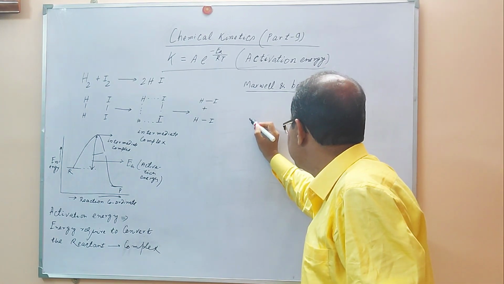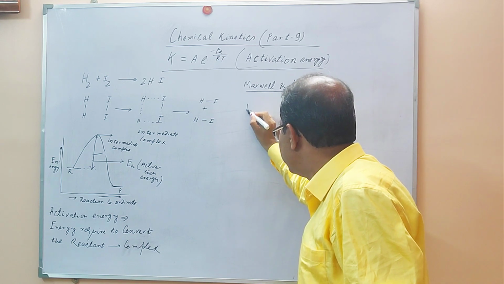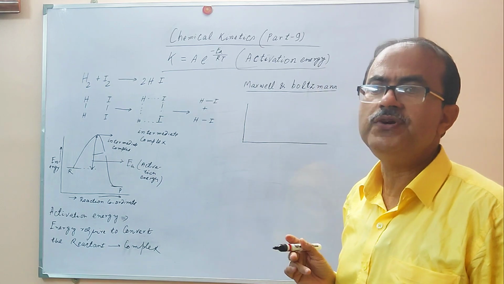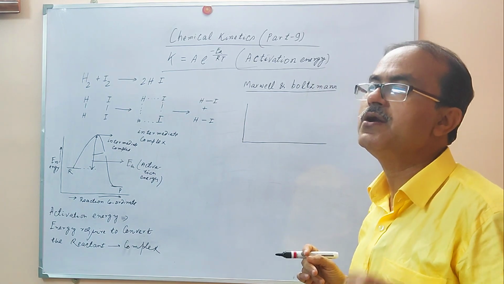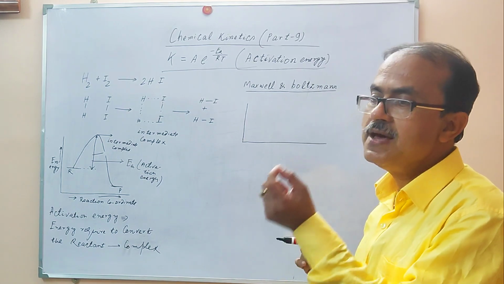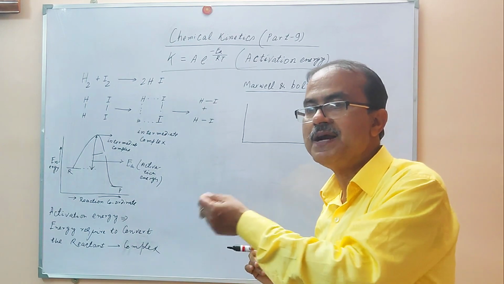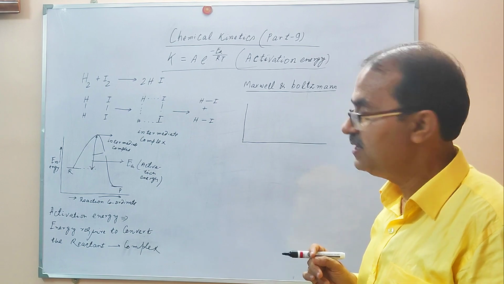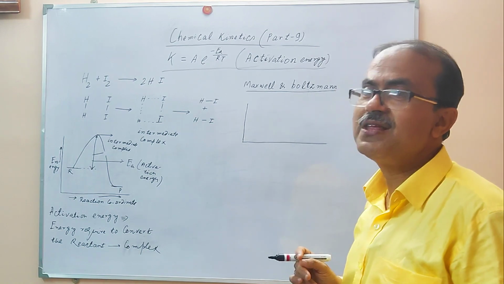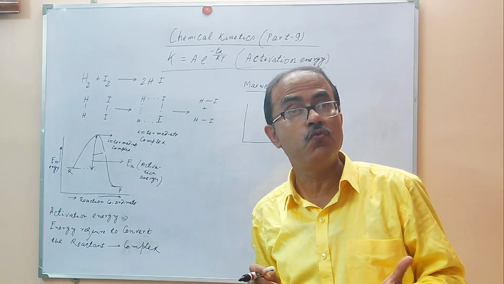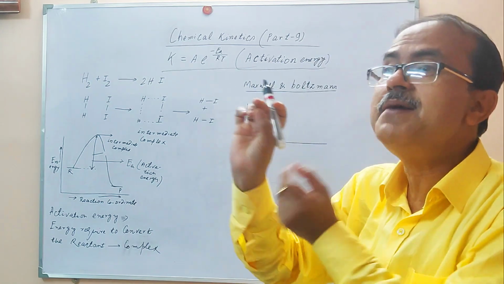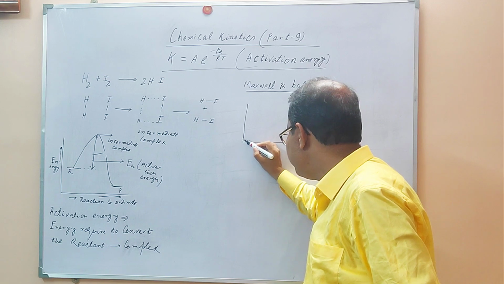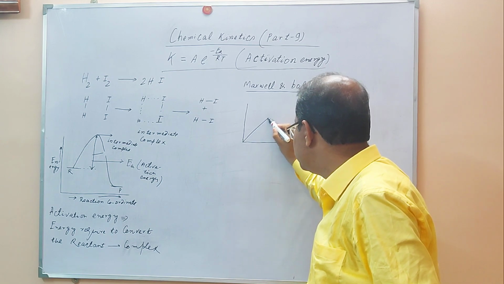They said it is true that we cannot monitor or say that a particular molecule will have a certain energy. Neither is it required. They say you go for the proportion of the molecules which have a specific amount of energy. In this way, they have given a distribution curve.